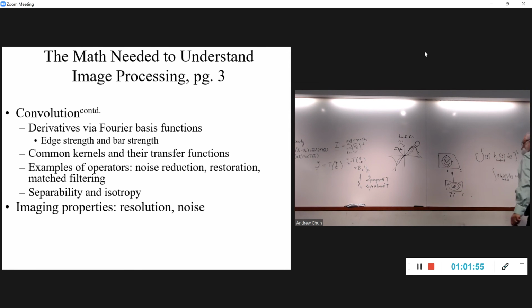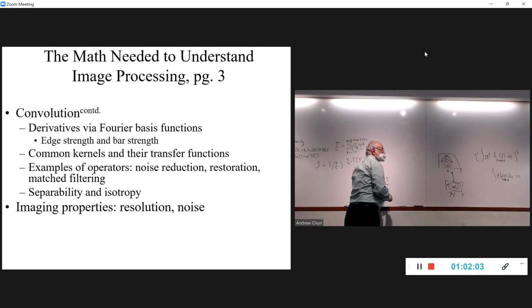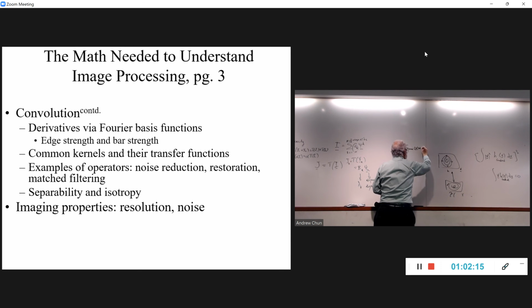We spent a good deal of time focusing on what happened when we understood an image as being a scene involved with a point spread function, and then we added random noise.